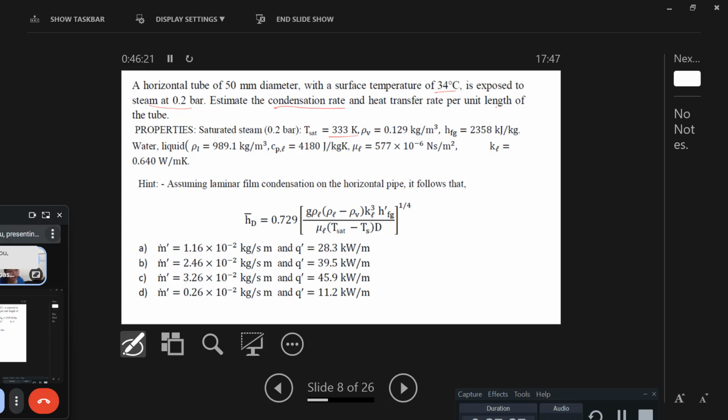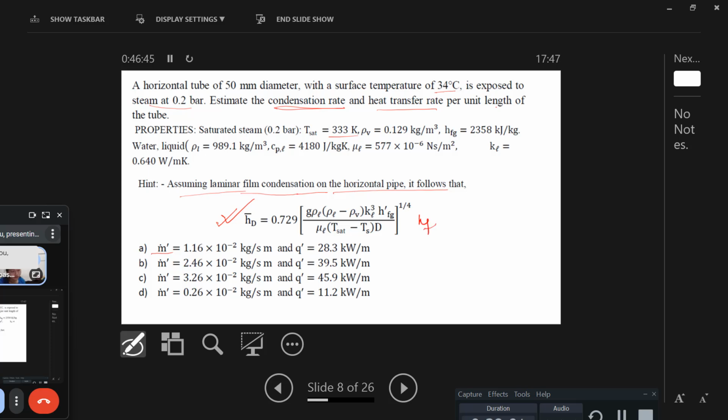But here the condensation rate is also per unit length, m dot prime, and heat transfer also per unit length. Both you need to find out. The hint is given, it's a laminar film condensation. You have to assume it as a laminar film condensation on a horizontal pipe, and it follows this.